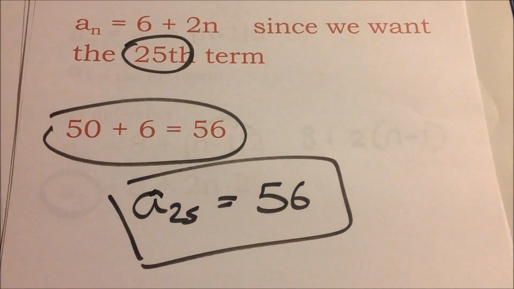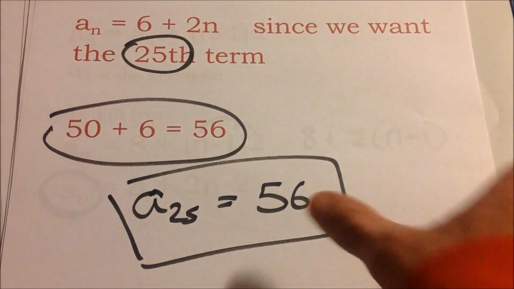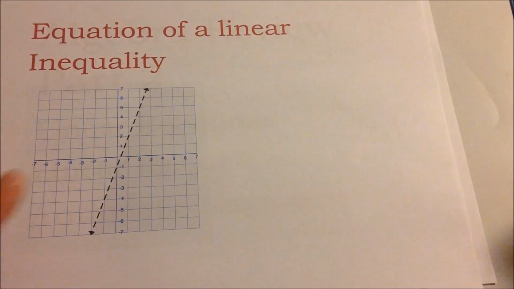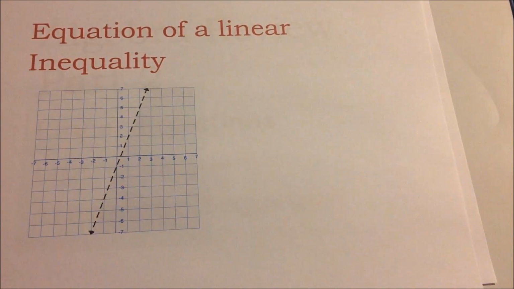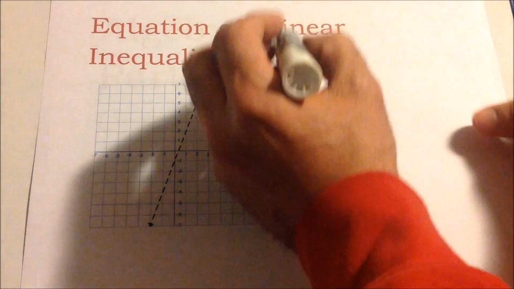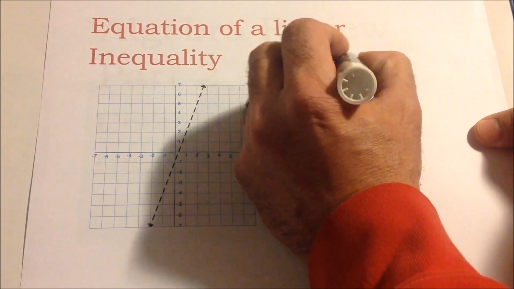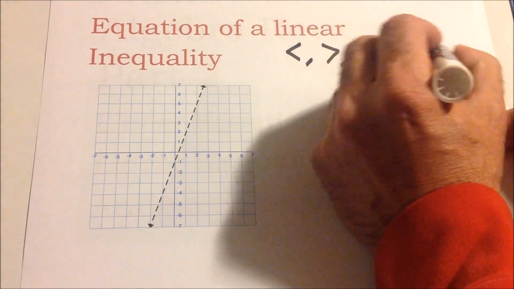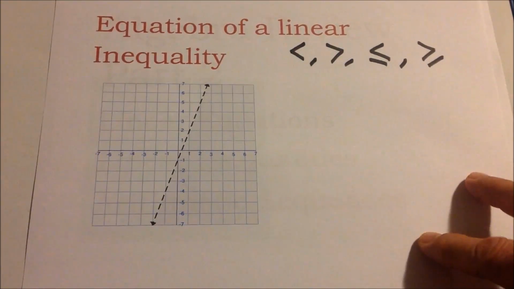Okay, let's look at some inequalities. So let's say you saw a graph like this, and you had to graph an inequality. Inequalities and linear equations are basically the same thing, but we're going to be using inequality signs instead of equal signs.